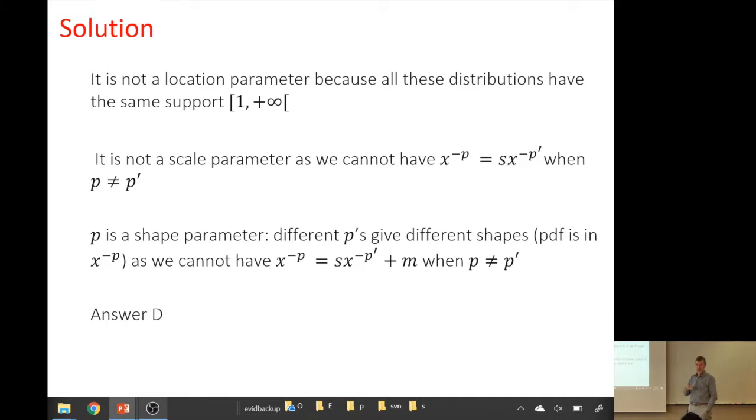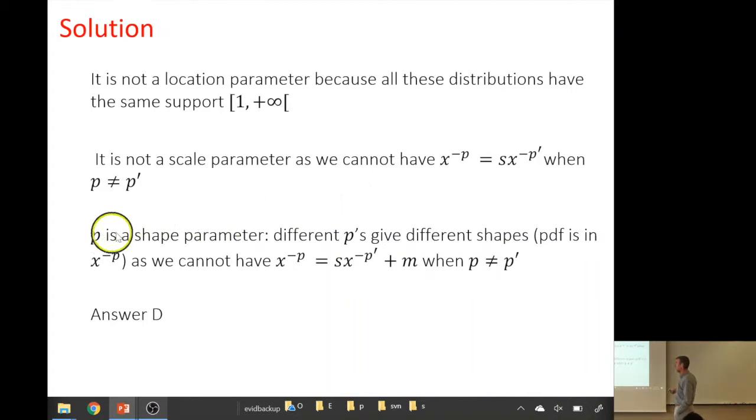Because I start at 1 and I take x to the power something, so it makes sense only if x has already been rescaled to become unit-free. Now, if I change by a scale parameter, it's impossible to change a power to another power simply by multiplying by a constant. Right? Otherwise, we would know that, and the math of powers would not hold. That's easy to prove. That's an analysis 101 exercise.